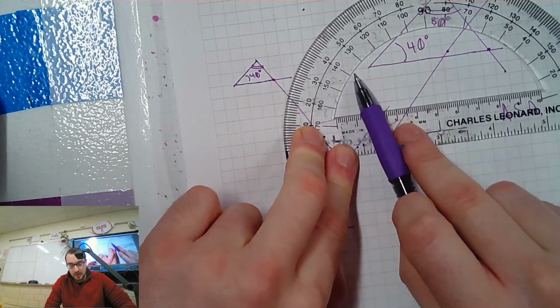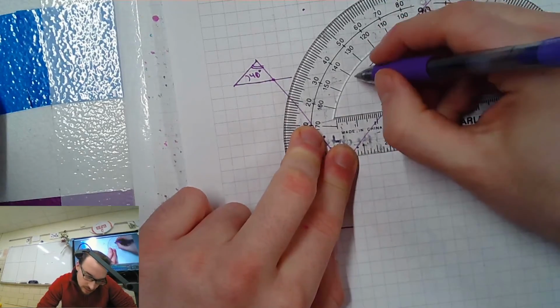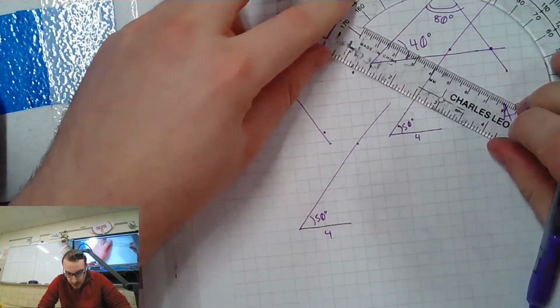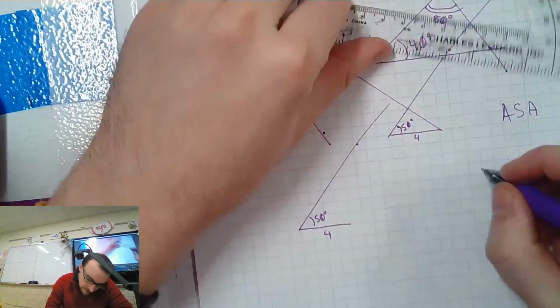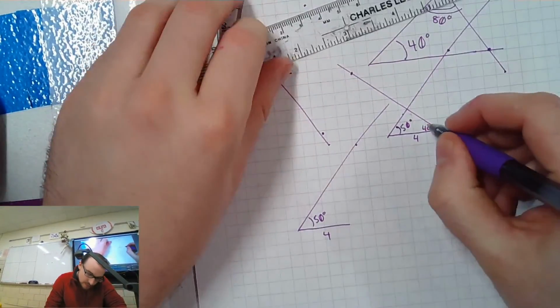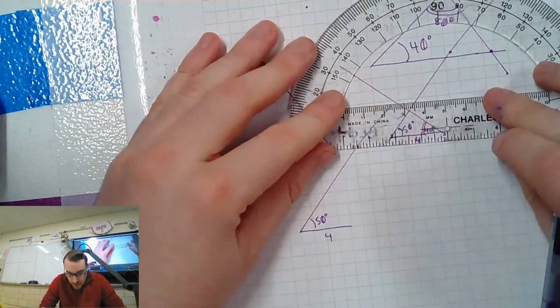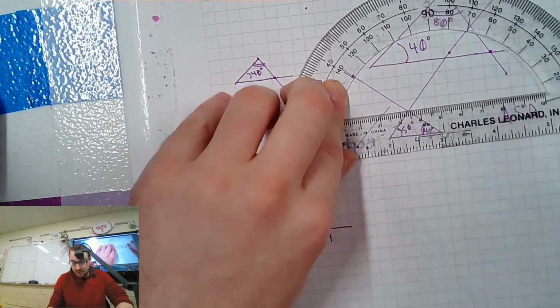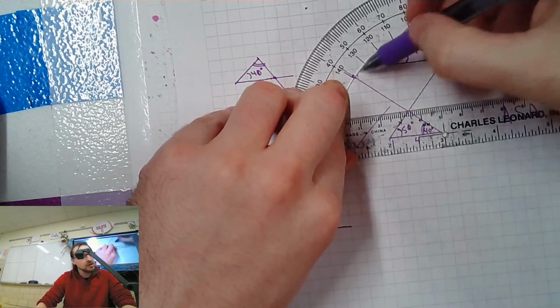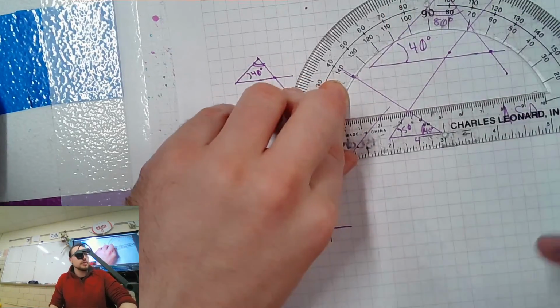It's up top. So here's 40 degrees going to the left. Does that make sense? It's 40 here. It shows 140 is the other option because if I was counting from this direction, it would be 140 degrees, right? Linear pair theorem.